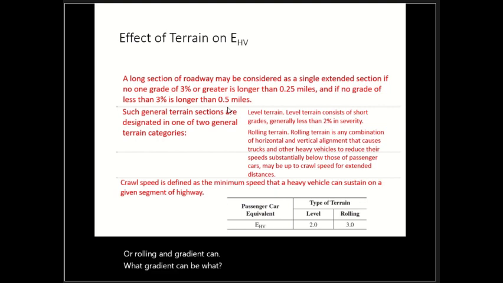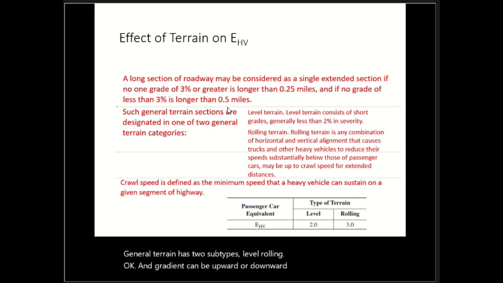Upward or downward, right? Understood? So there are 2 main terrain conditions: general terrain and extended gradient. General terrain has 2 subtypes, level and rolling, and gradient can be upward or downward.